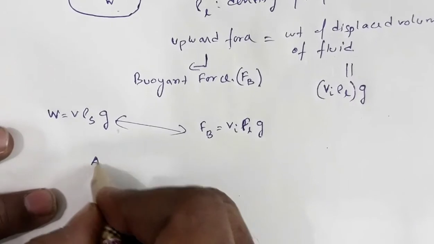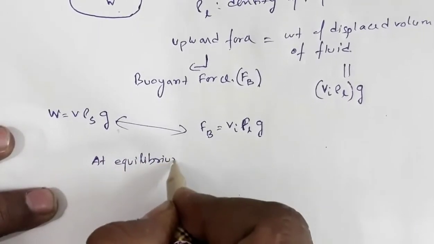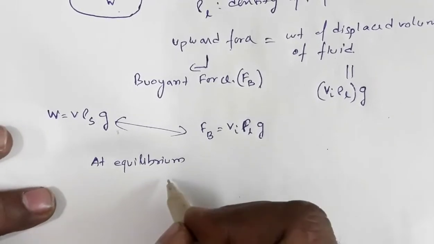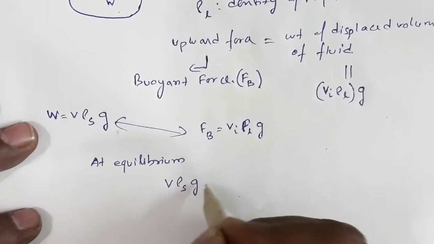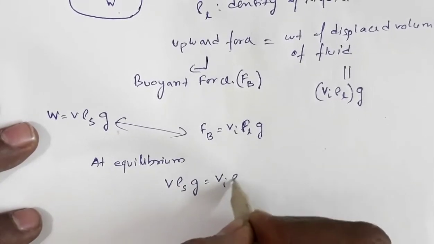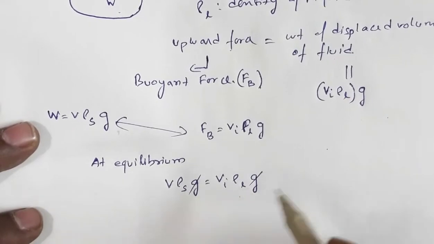So at equilibrium, I can write V rho S g is equal to Vi rho L g. So the g and g cancel out.